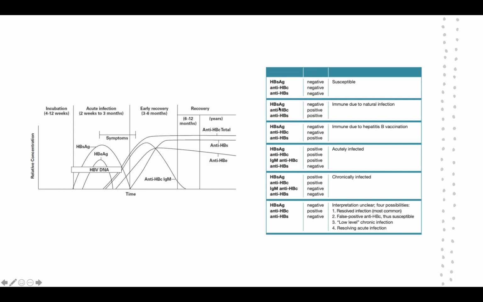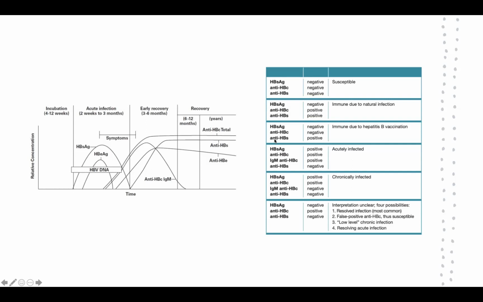So this is our sign for active infection. If I'm worried they're having an infection right now, I'm going to be looking at this value. And so this indicates that there is a past infection and it has been resolved. So the patient is now immune.